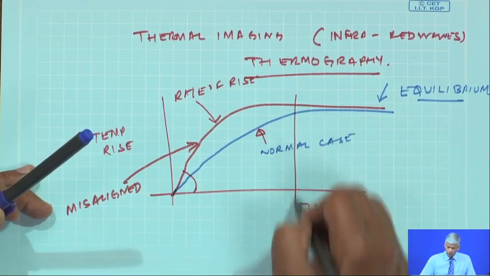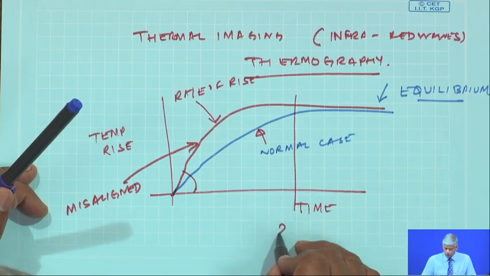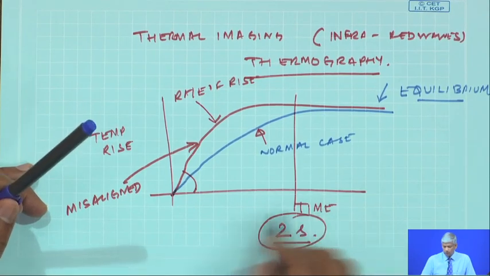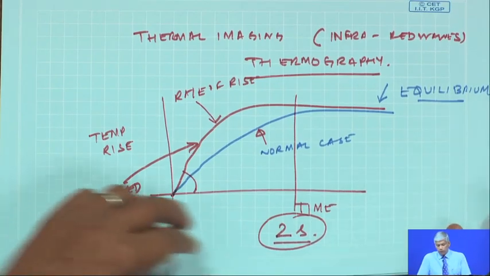And this happens within the first order time constant of the system, for typical cases, within the time constant of the system, the temperature rise.